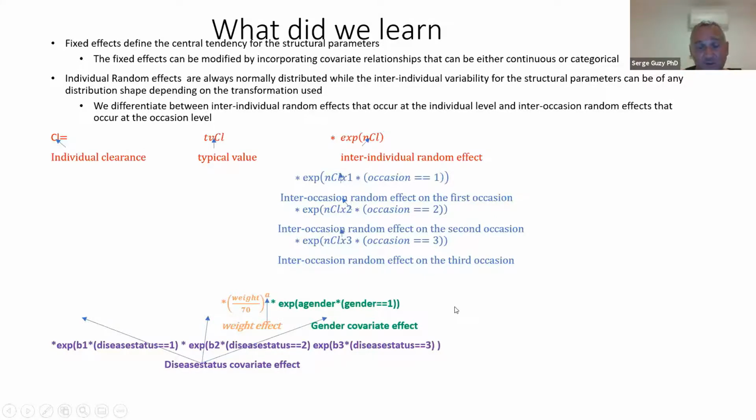That means it's possible that the clearance, for example, will increase with weight at a certain speed, with an A value of, let's say, 0.75, that's usually what's happening. And then when you do the same thing with the volume, the A for the volume is, let's say, 1.